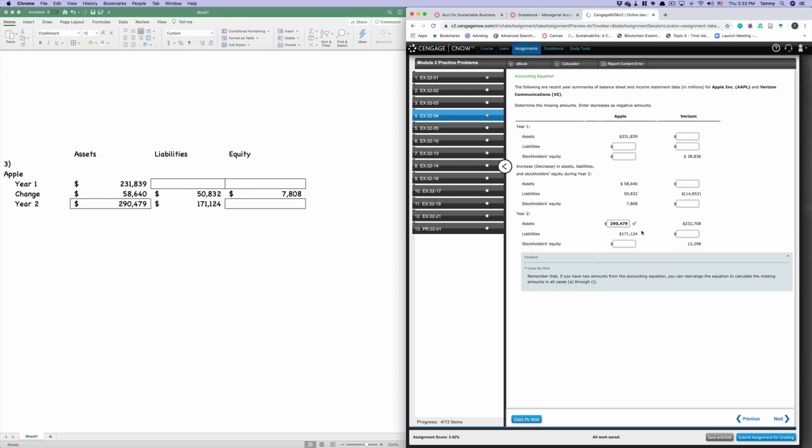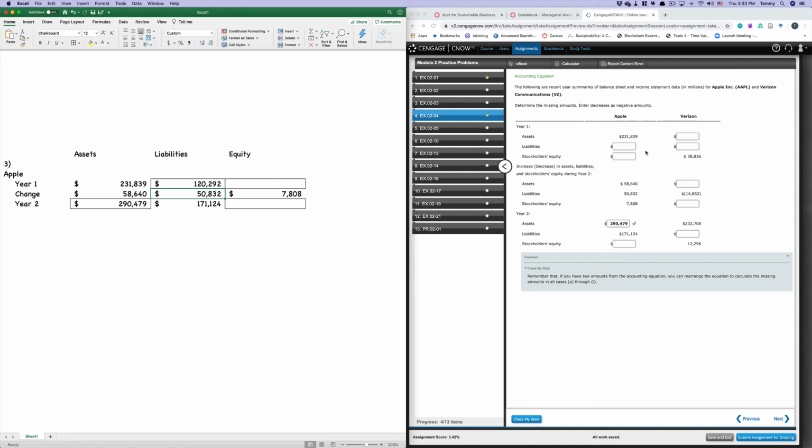Likewise, we have a change in liabilities that got us to 171,124 by the second year. So the original liabilities is going to be that 171 minus the change, because 120 plus 50 equals 170.